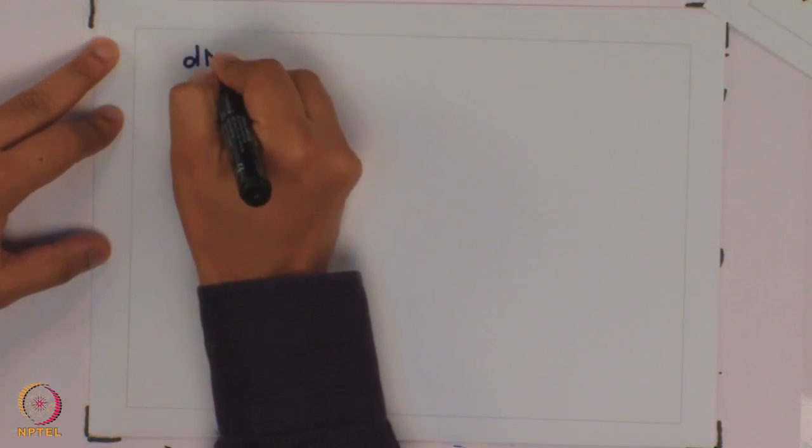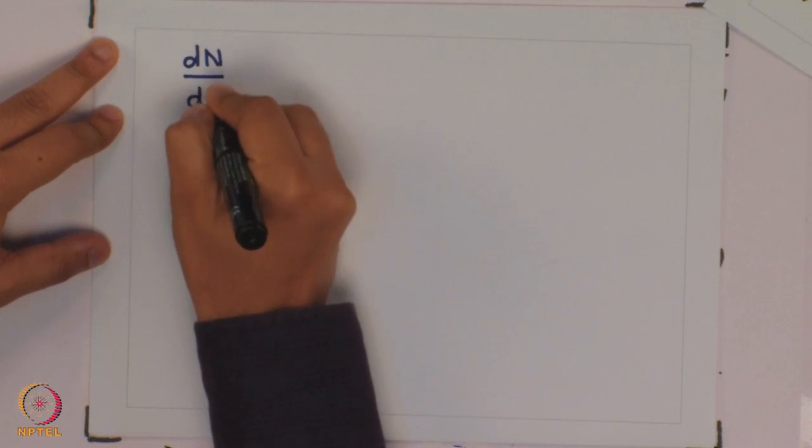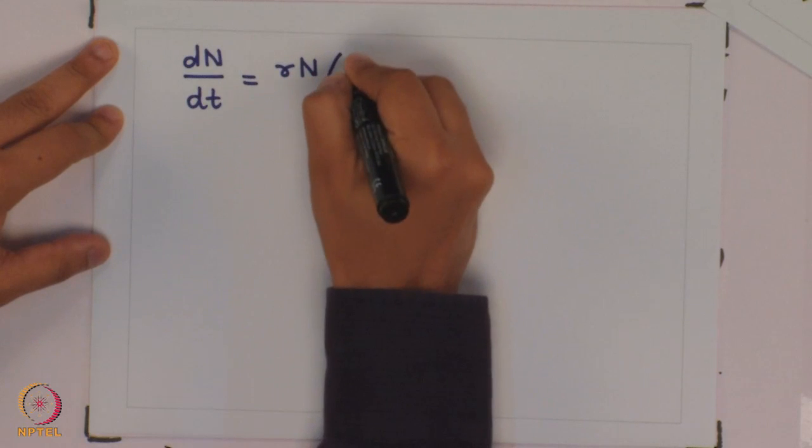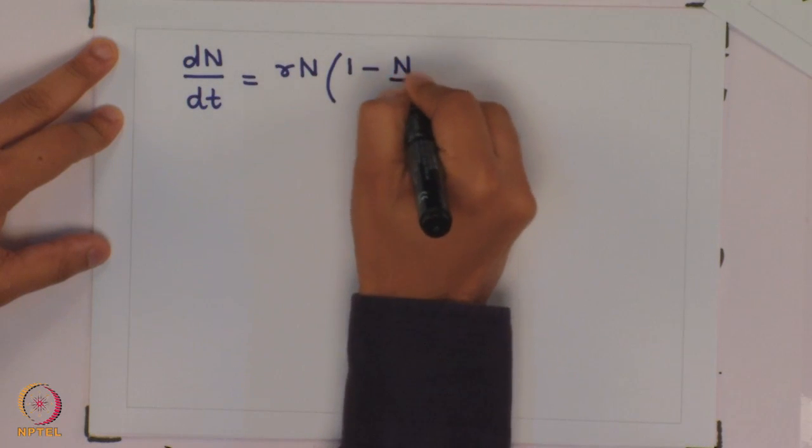So, to understand that, let us develop our equation a little bit further. Our logistic equation is dN by dt is equal to rN times (1 minus N by K).